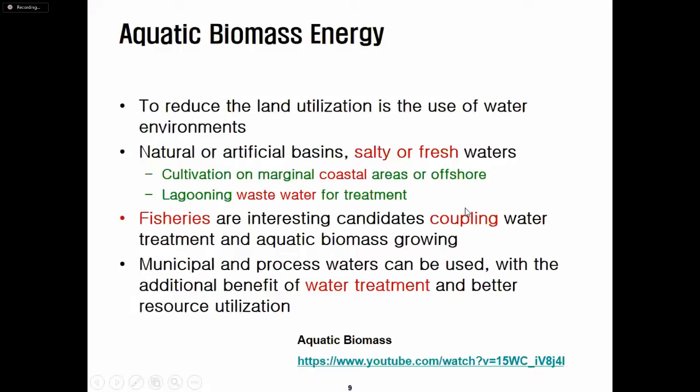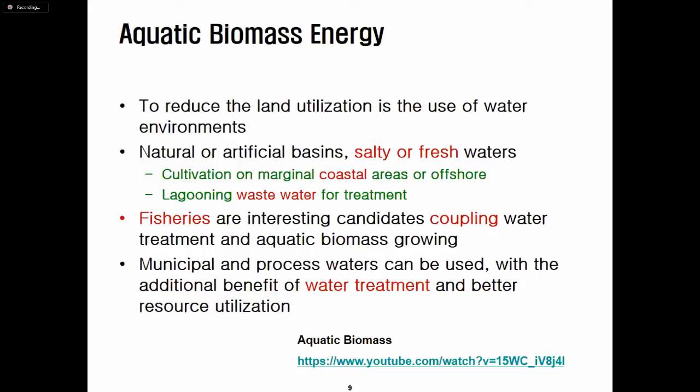As you know, you can reduce your area because it does not need agricultural land on the land side. Reducing land utilization by using the water environment is a property of aquatic biomass energy.